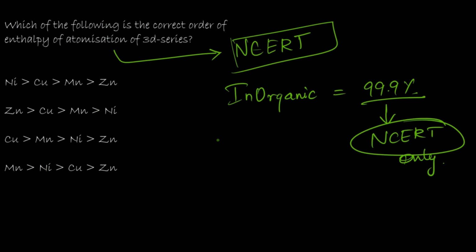In this question, enthalpy of atomization, you can't find it in the theory part, but it is there in the table. It is very straightforward, whether you know it or not. Here the order is nickel, then copper, manganese, and then zinc. That is the answer to this question.